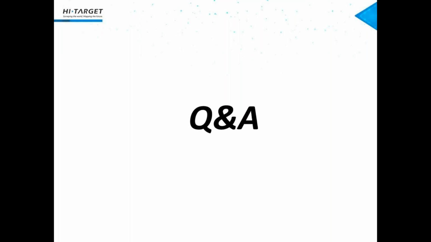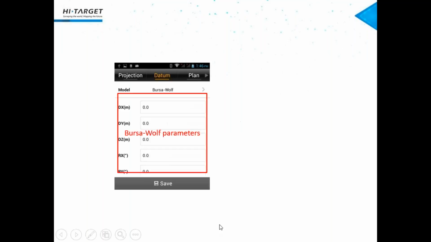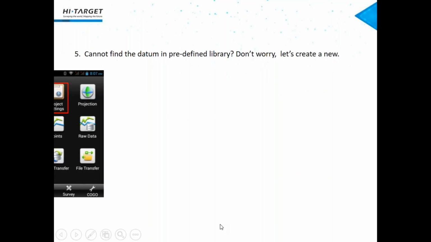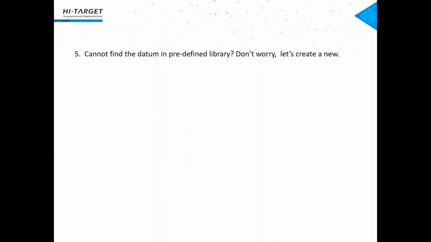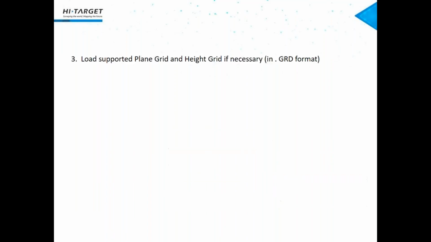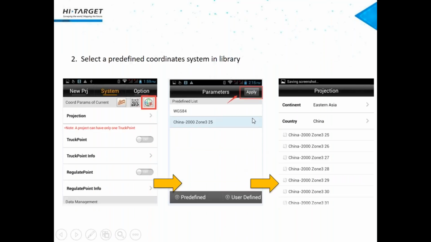I will show you in the later portion. So in this interface, right? Yes. You can put your datum file in the GeoPad folder, and here you long press it and press load, and then press apply. You will get the parameters.